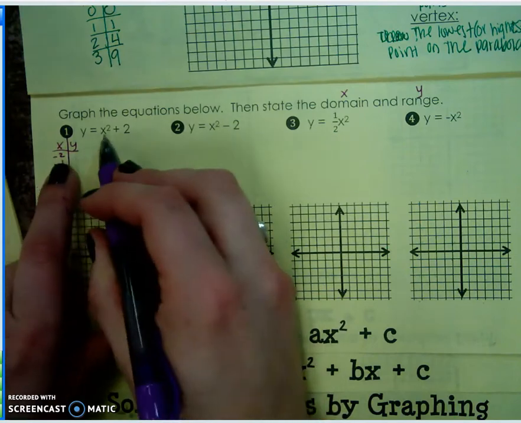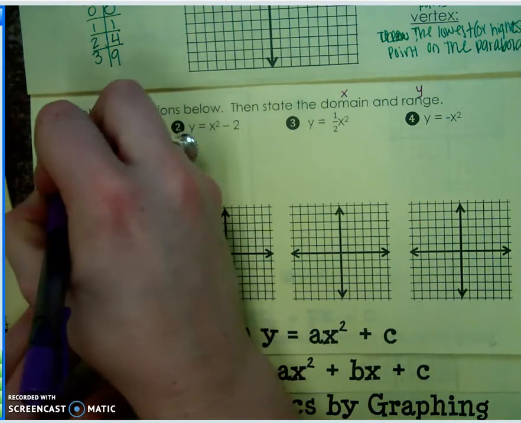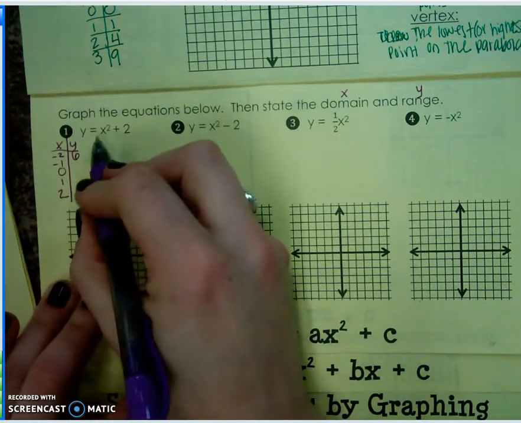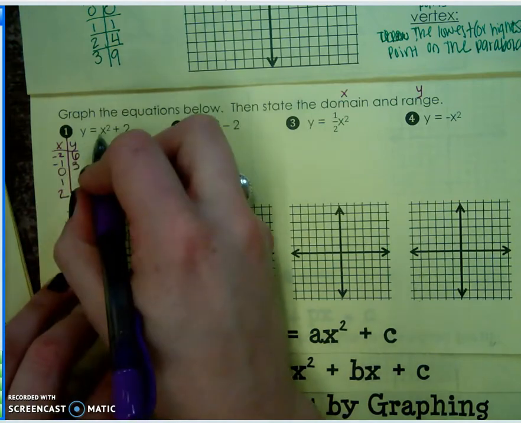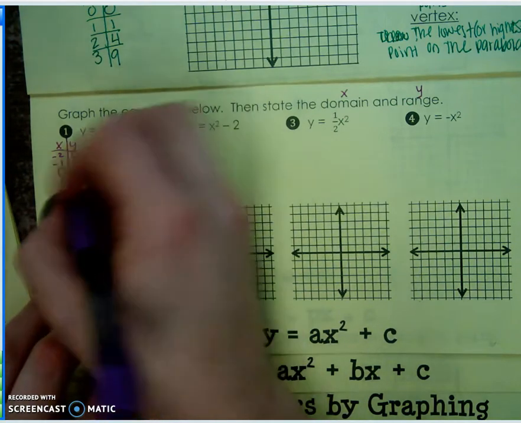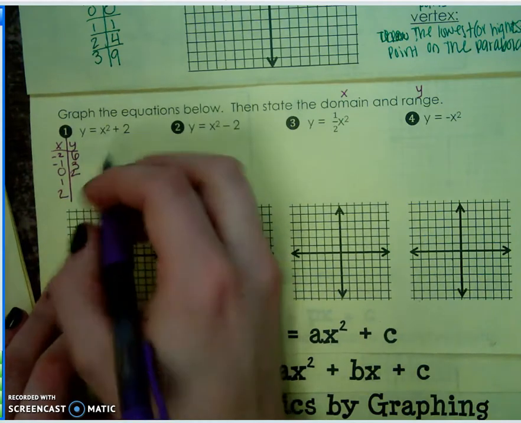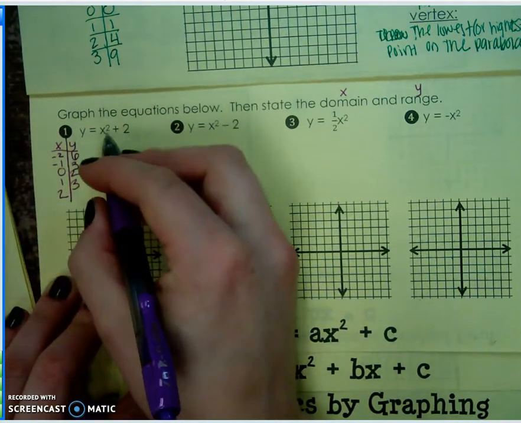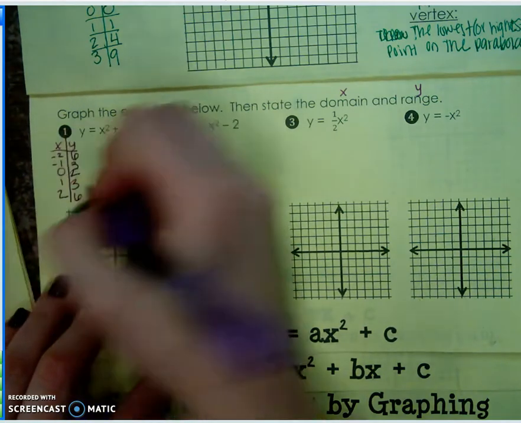Okay, so we have -2 squared plus 2 is 6. -1 squared plus 2 is 3. 0 squared is 0 plus 2 is just 2. 1 squared is 1 plus 2 is 3. And 2 squared is 4 plus 2 is 6.